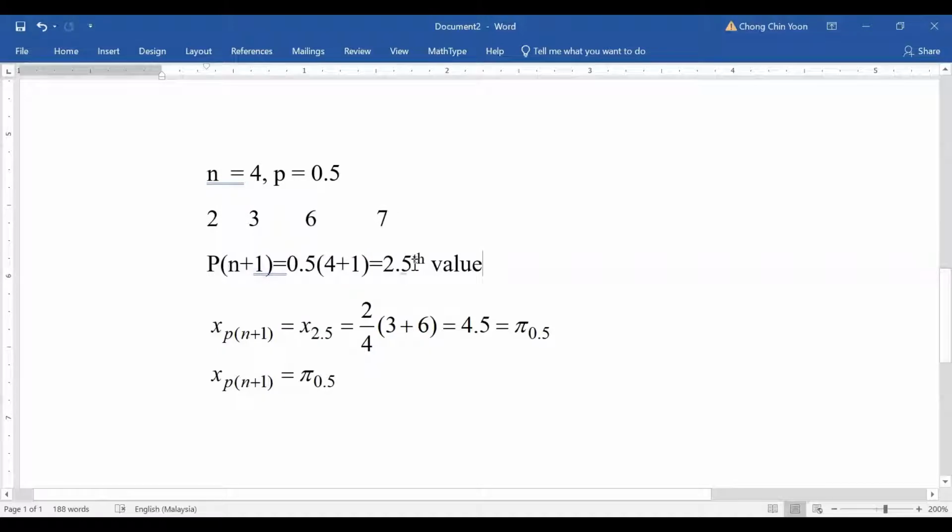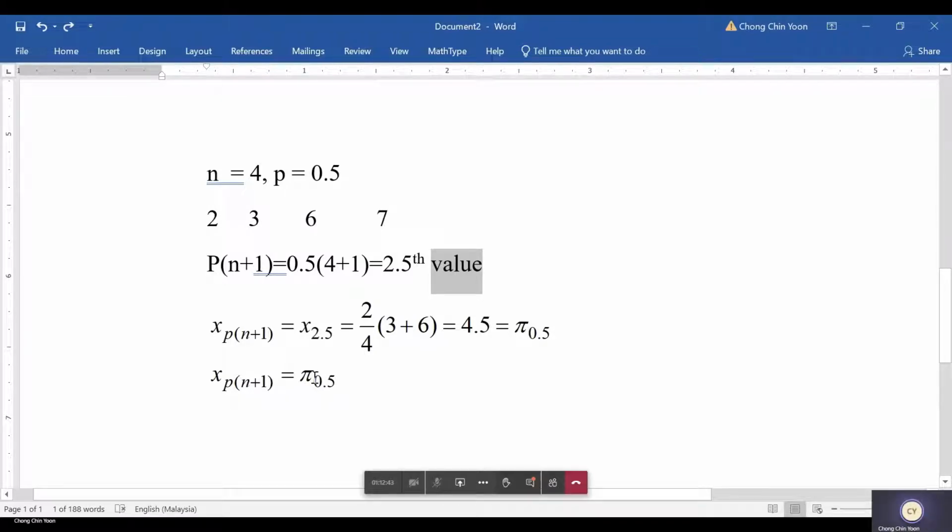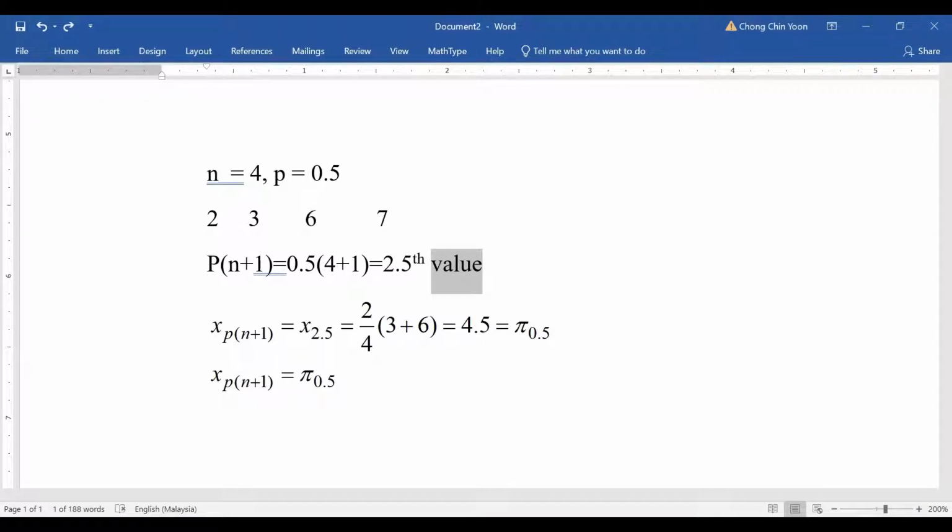This is not equal to the answer 2.5. This is a 2.5 value, that is here. At the 2.5 value, it is 4.5, which is equal to this. So I think you have some idea now. Now I go back to the notes.